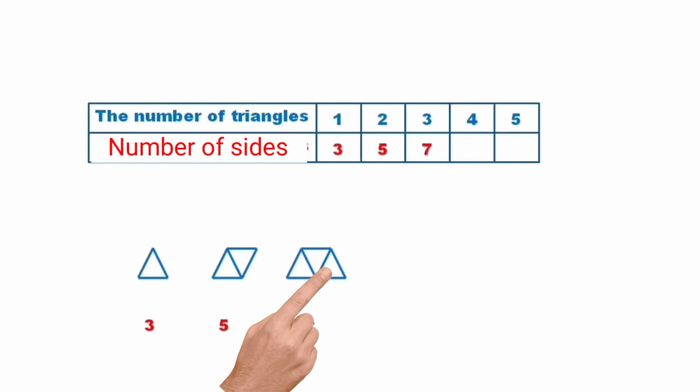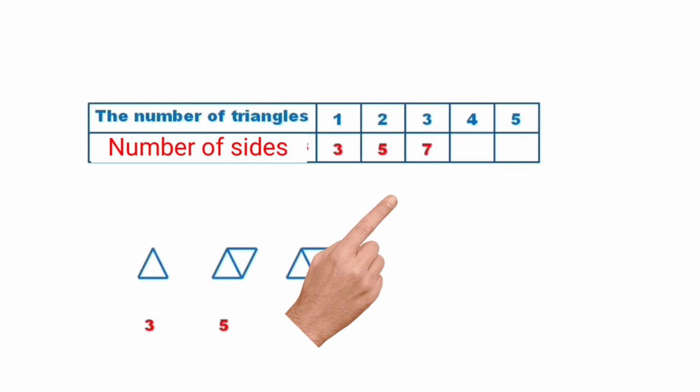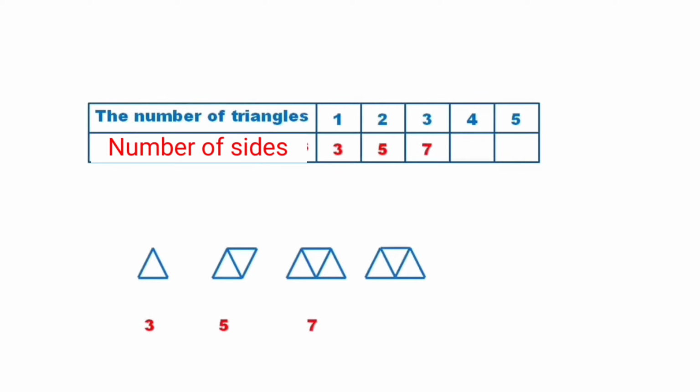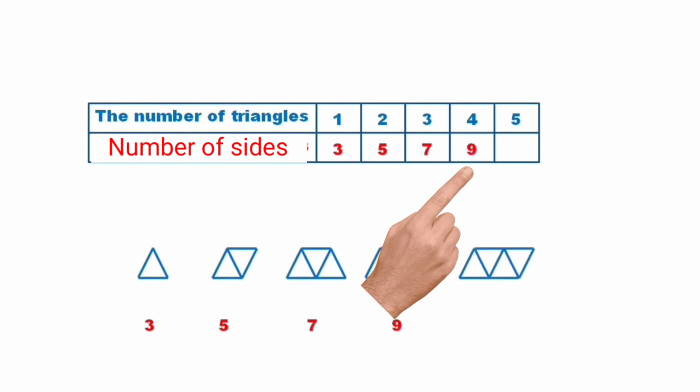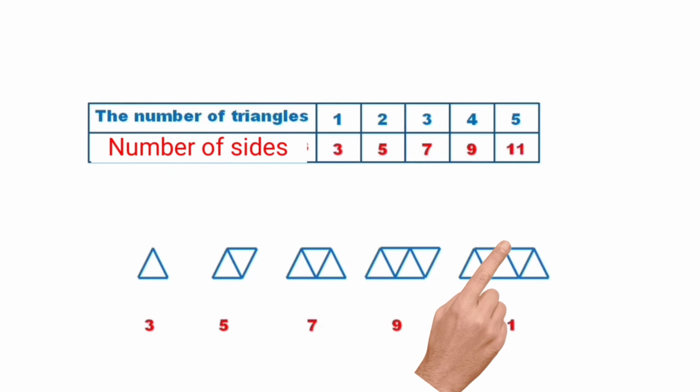In 3 triangles, there are 7 sides. Observe that in every increase of a triangle, there is also an increase of its sides by 2. So, in 4 triangles, there are 9 sides. In 5 triangles, there are 11 sides.